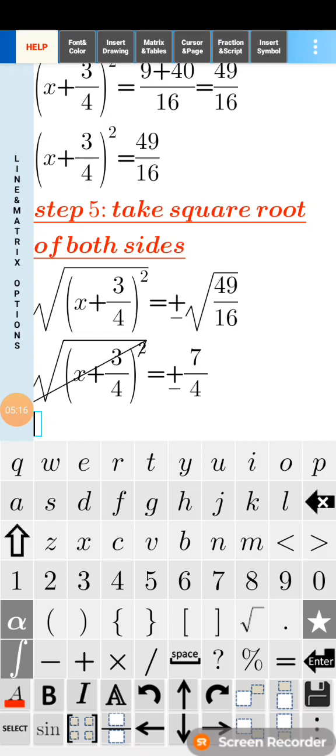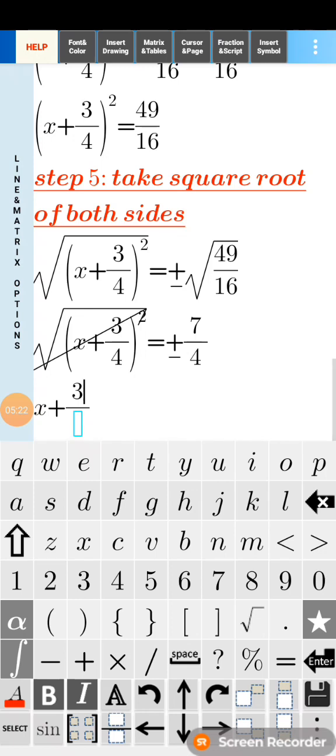So I have left with me from the first equation, x plus 3 over 4 equal to plus or minus 7 over 4.